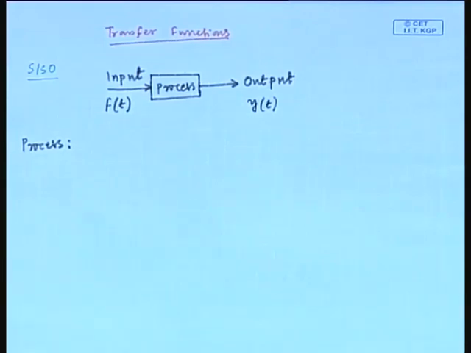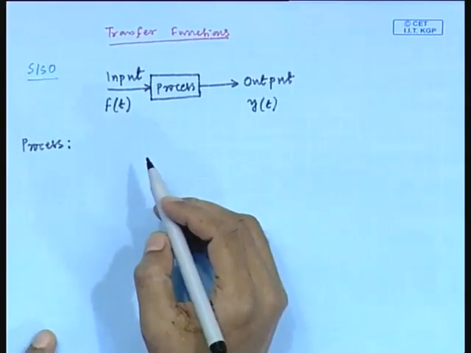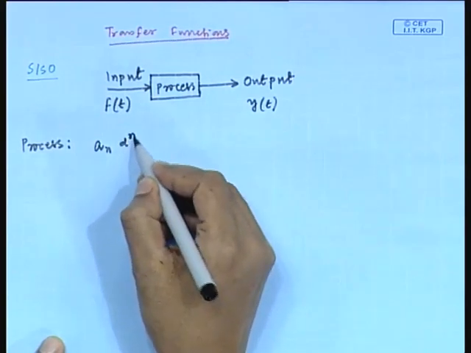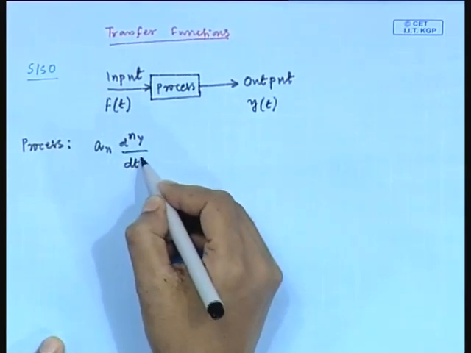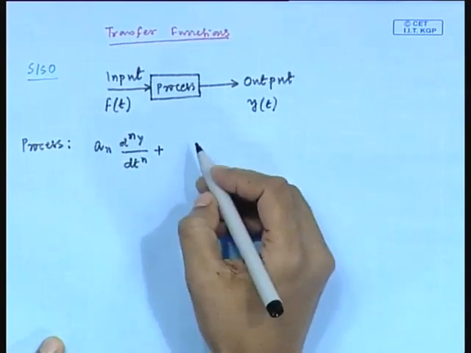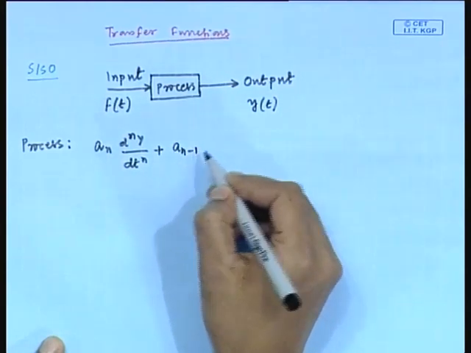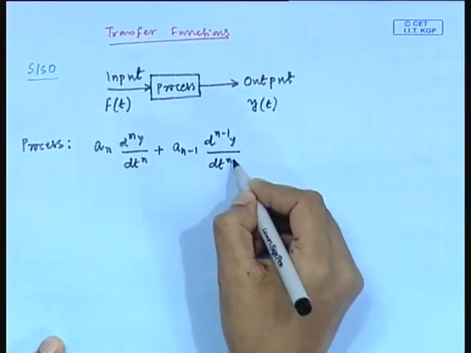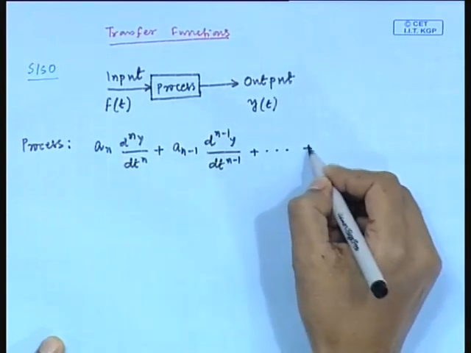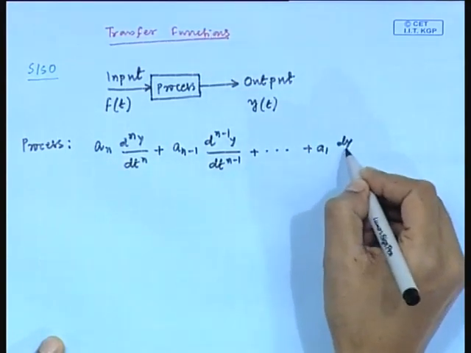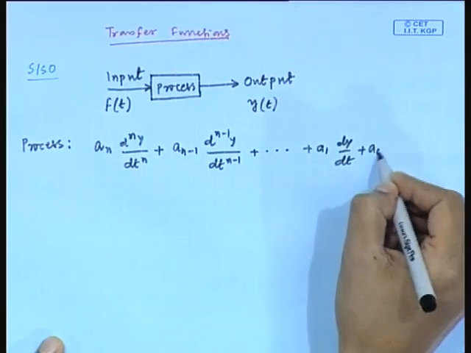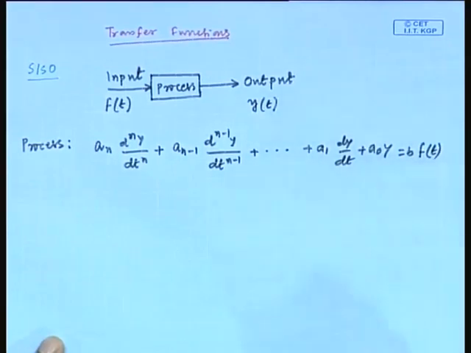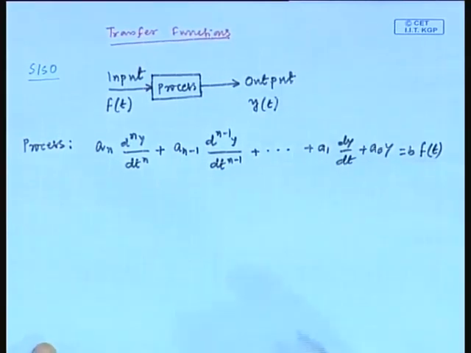So, we considered in the last class the nth order model represented by a_n d^n y/dt^n plus a_(n-1) d^(n-1) y/dt^(n-1), like this, a_1 dy/dt plus a_0 y equals b f(t).